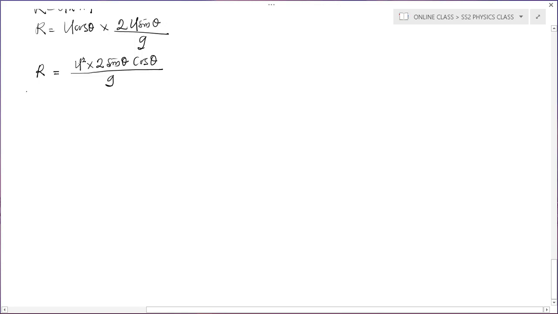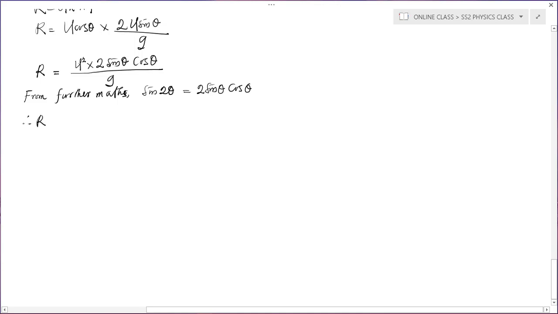Now, from further maths, sin 2 theta is equal to 2 sin theta cos theta.